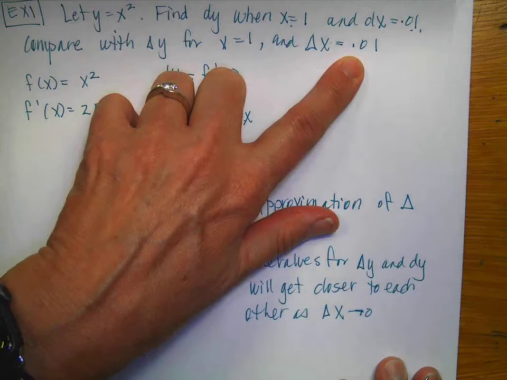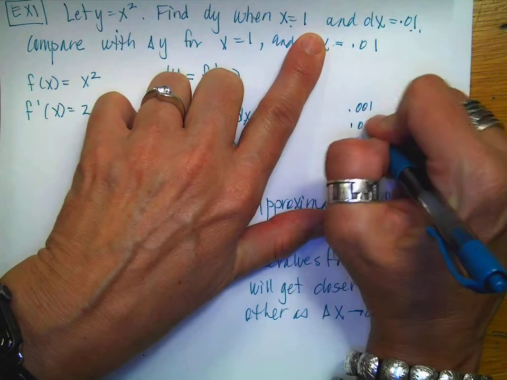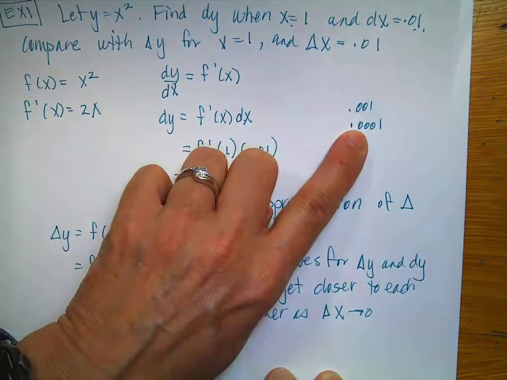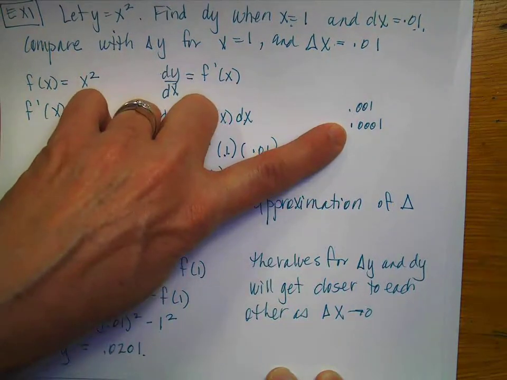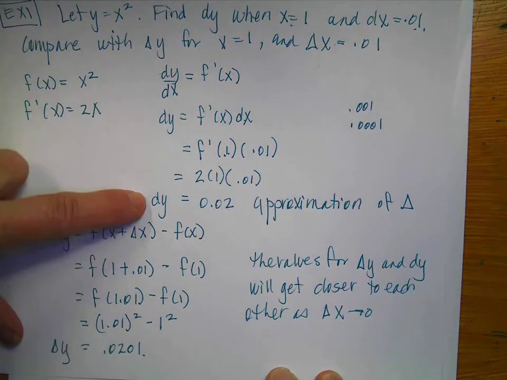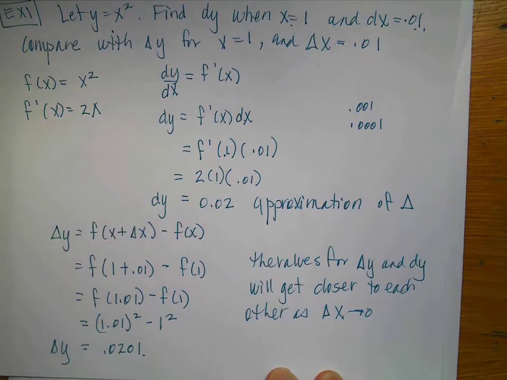So as my tolerance gets tighter, meaning like 0.001 or 0.0001, this would be tough considering if you were considering manufacturing, but as my tolerance, my error, my delta x gets tighter, then my delta y and my dy values are going to become closer and closer together.